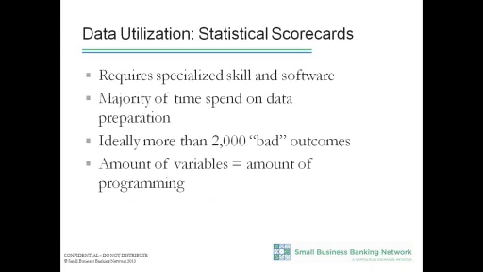Looking at data utilization for statistical scorecards, we have mentioned that if a bank has a large pool of loan application data and repayment history for small business loans over a multi-year period, it is possible to use the data to derive a statistical model that predicts the risk of a good or a bad loan outcome.